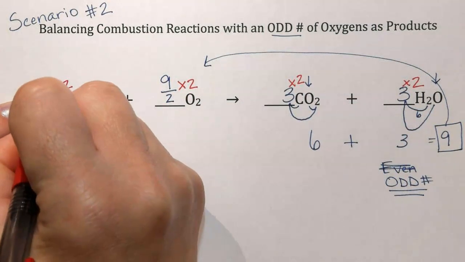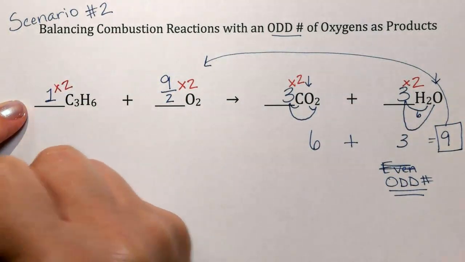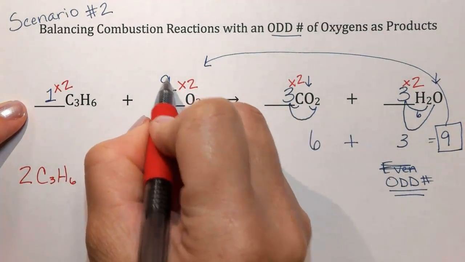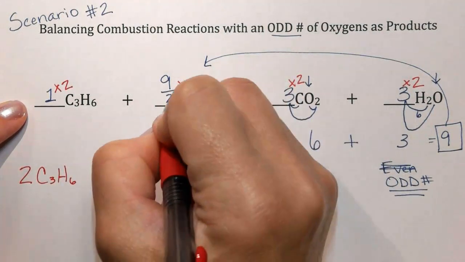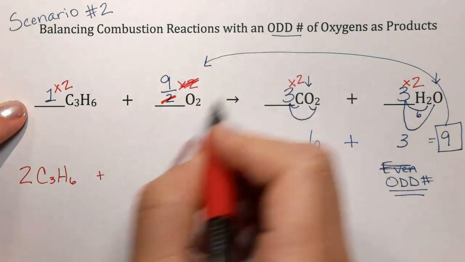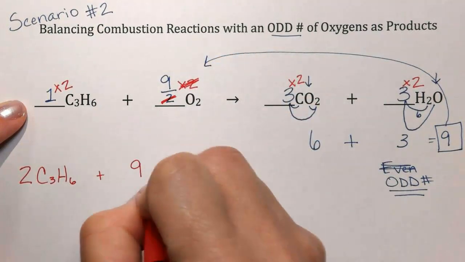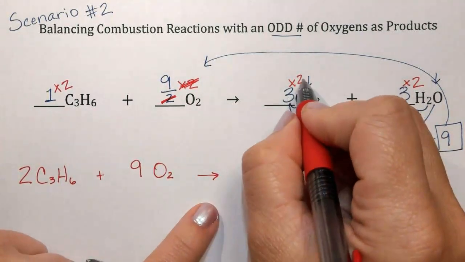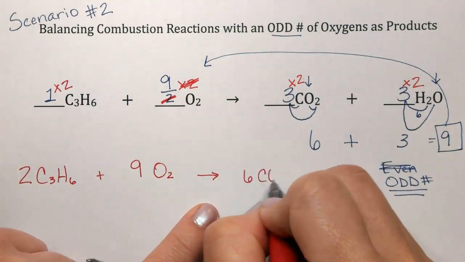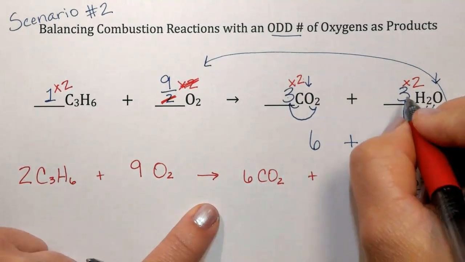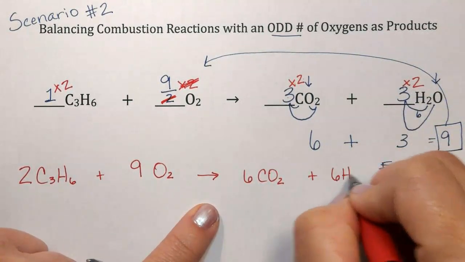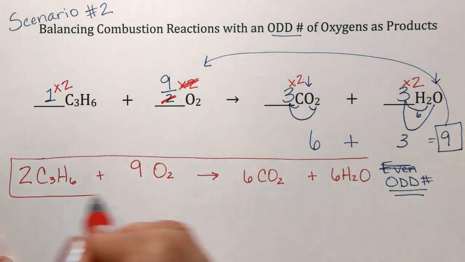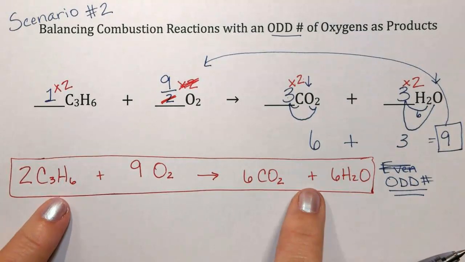So my answer is 1 times 2 equals 2 C3H6 plus 9 divided by 2 times 2 makes these cancel with each other, and so I get 9 oxygens yields 3 times 2 equals 6 carbon dioxides, and 3 times 2 equals 6 waters. And now this is my final answer for this combustion reaction.